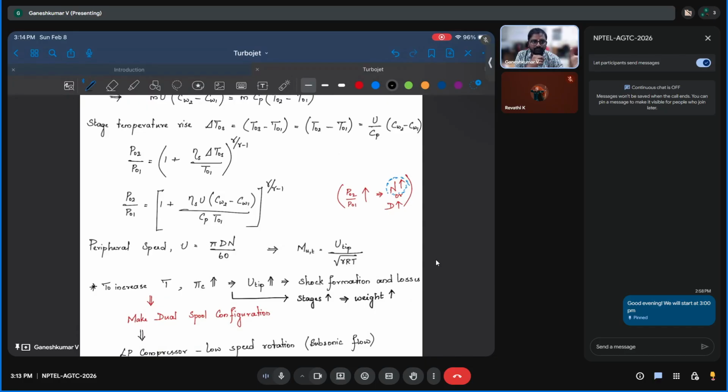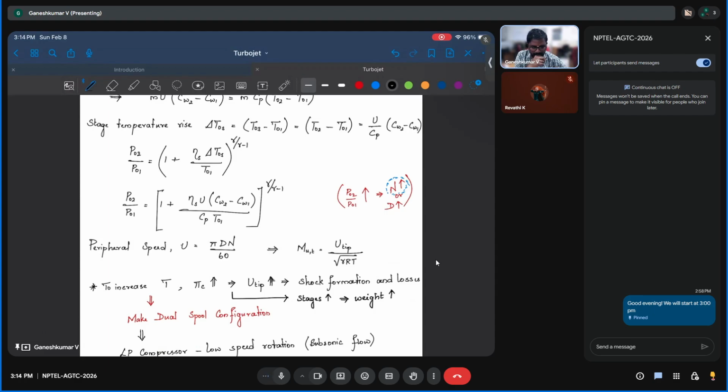But if you want to extend further, you have to decouple the stages into a low pressure stage and a high pressure stage, where low pressure will rotate at a lower speed and high pressure will rotate at a different speed. In that way you decouple them into two different speeds, and hence you will have better control over the temperature.